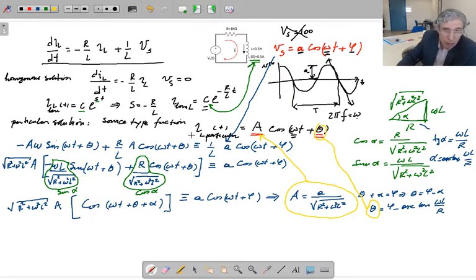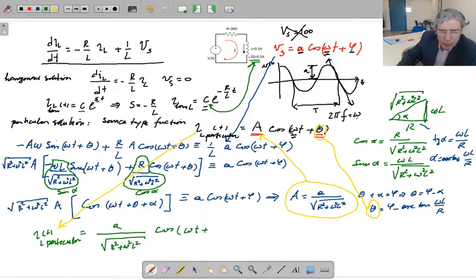So I can say that my particular solution now, write it in green, i_L(t) particular is equal to capital A, which becomes this, cosine(omega t plus phi minus arctangent of omega L over R).